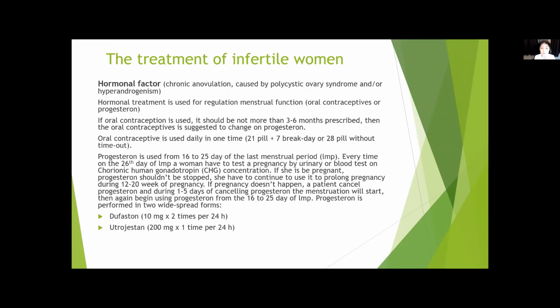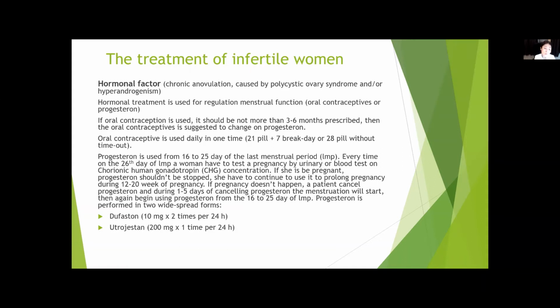She has to continue to use it to prolong pregnancy during 12 up to 20 weeks of pregnancy and more. If pregnancy doesn't happen, the patient cancels progesterone, and within 1 up to 5 days of canceling progesterone, menstruation will start. Then again, begin using progesterone from the 16th up to the 25th day of LMP.